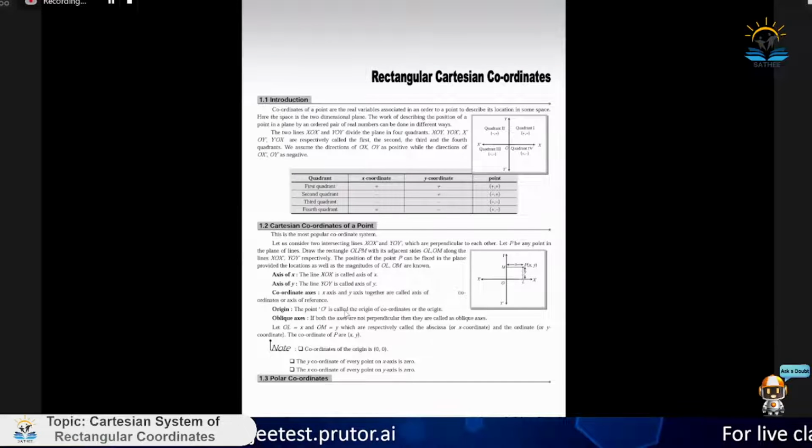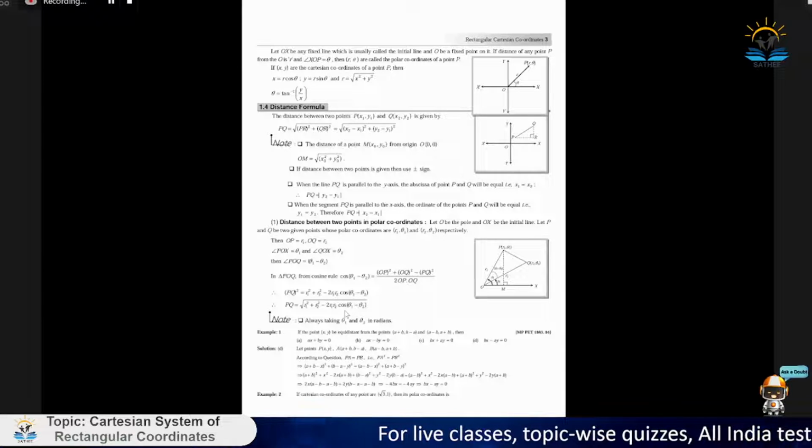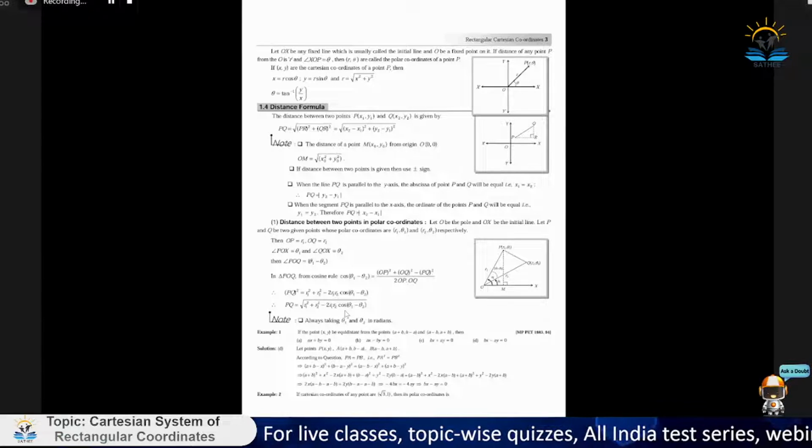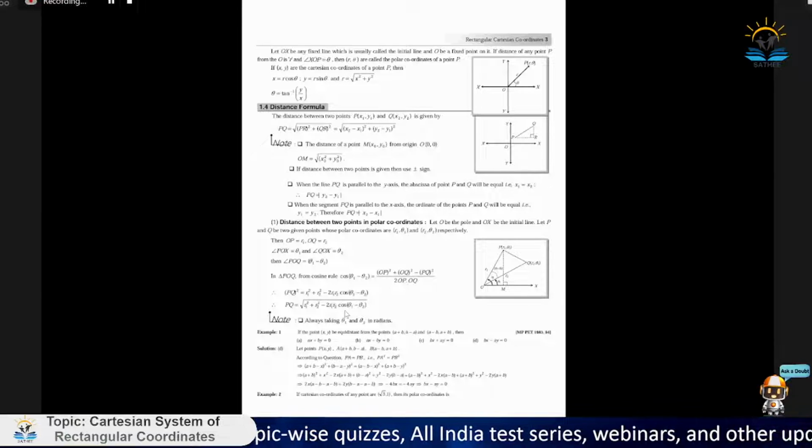We'll move on to polar coordinates. In the previous case, we measured the distances between the origin and the point with respect to the x-axis and y-axis. But now we'll see the distance directly from the point to O and the angle made by the line OP with the x-axis, which is theta.